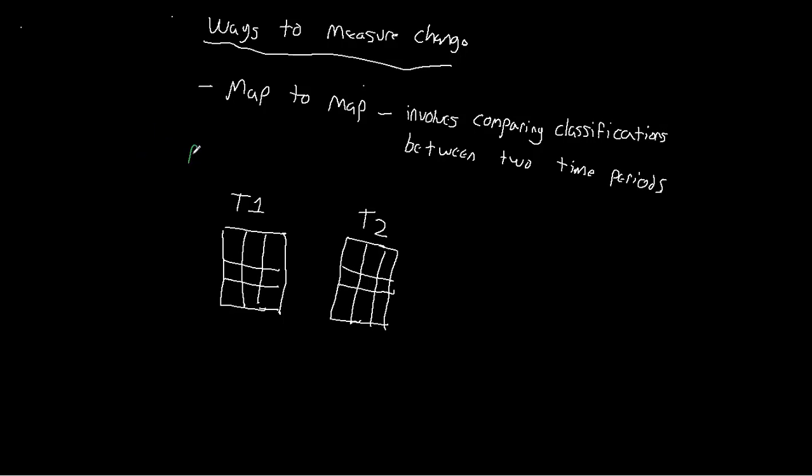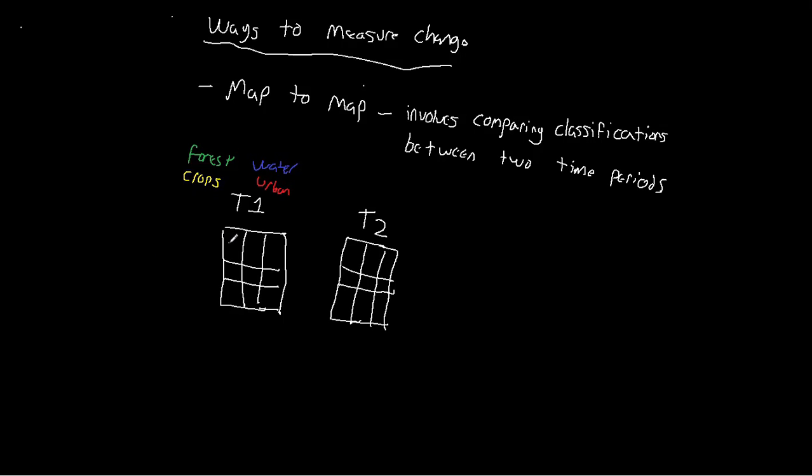So we have forest in green, we have crops in yellow, we have water in blue, and then we'll say we have urban in red.